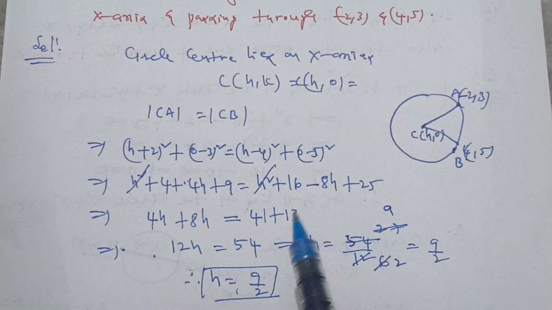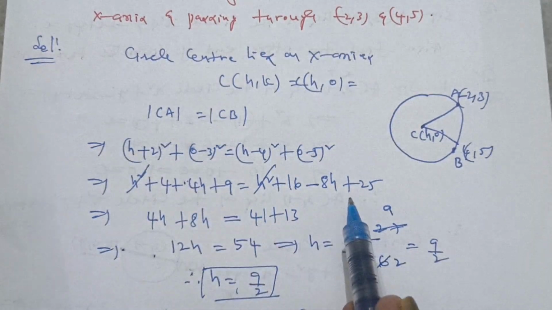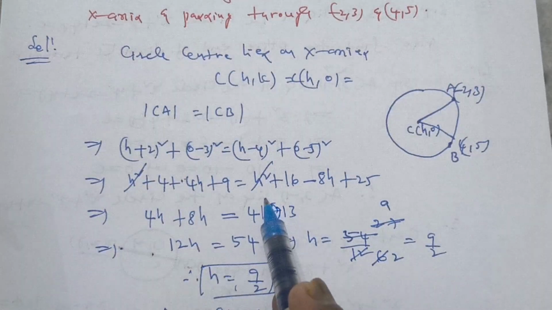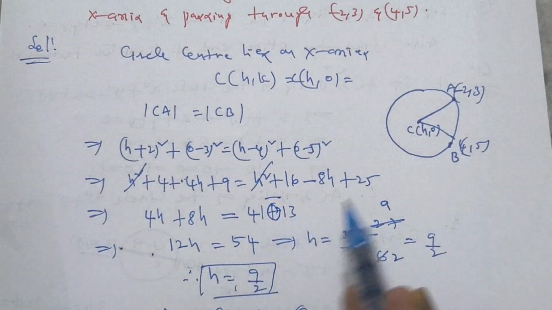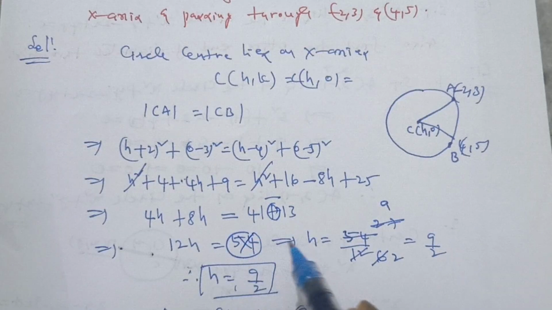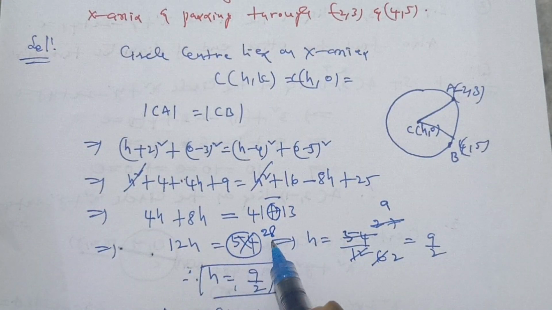Small mistake here. 4 plus 9, 13, taken to this side, so minus 13 is there: 41 minus 13. It is not 54, it is 28. So 12h is equal to 28.